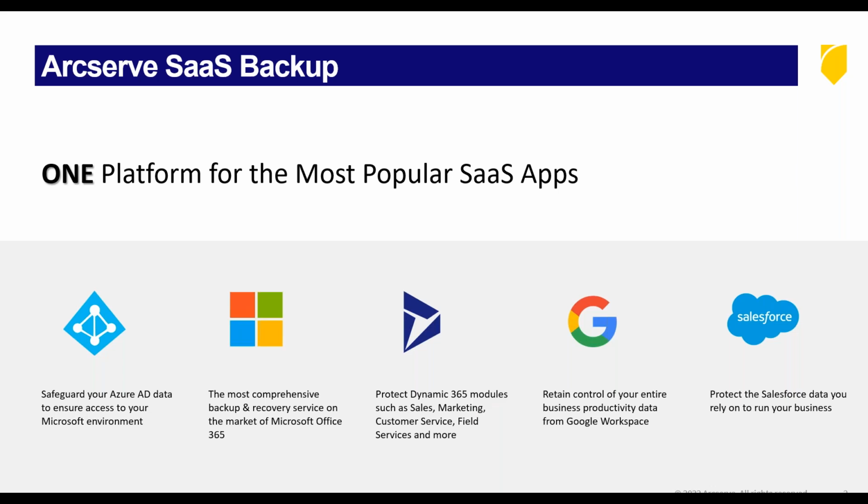With a single interface, it gives you a unified approach to backing up all this important SaaS application data, with multiple methods of recovering and restoring. This is what I'm going to share with you today.